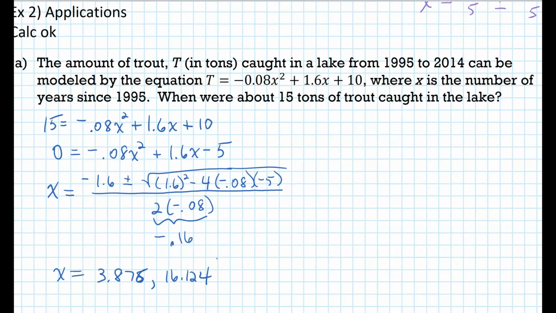So again, it's asking when were about 15 tons of trout caught. What do those 2 answers that we got represent? The number of years. Okay. Number of years since.